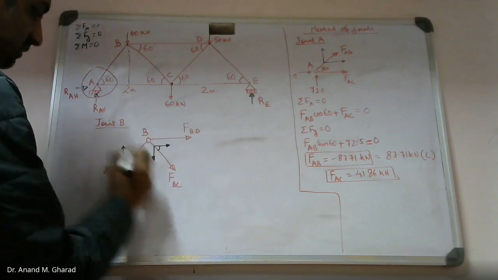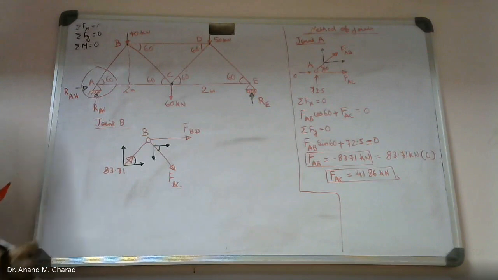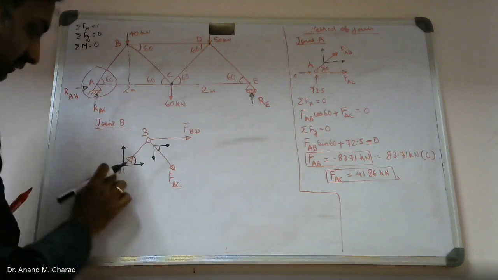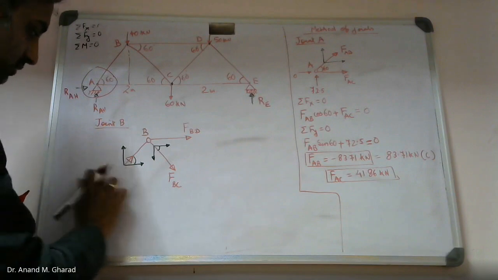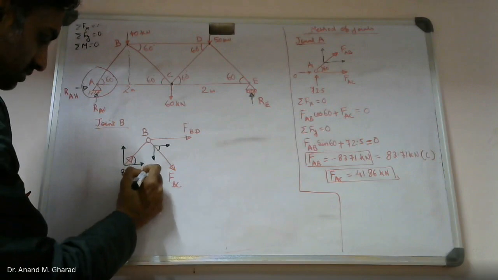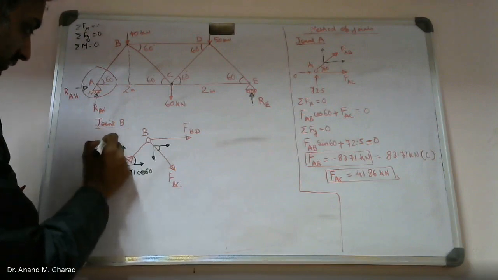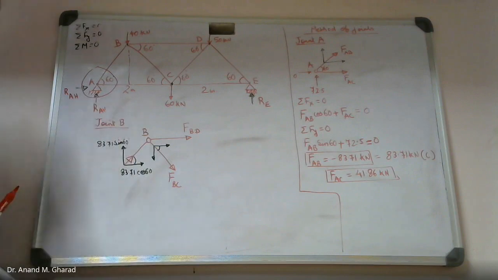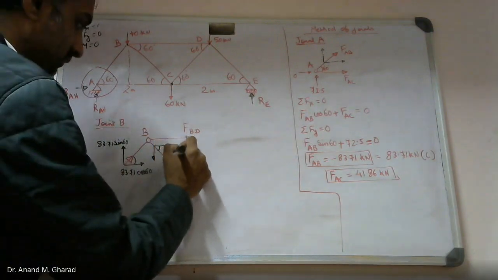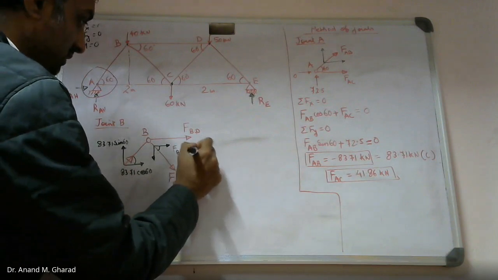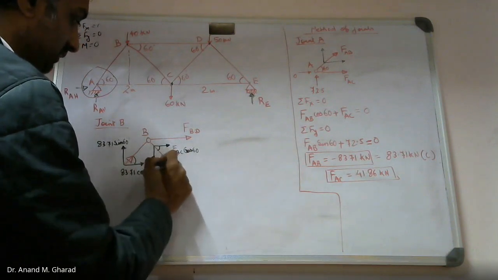This is again 60 degree. Fine. The components are 83.71 cos 60, 83.71 sin 60, correct? This is FBC cos 60. This is FBC sin 60.